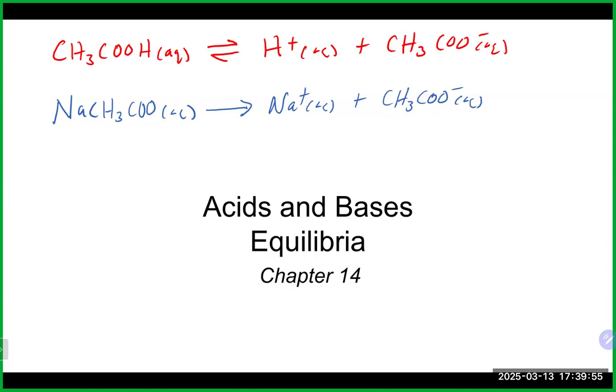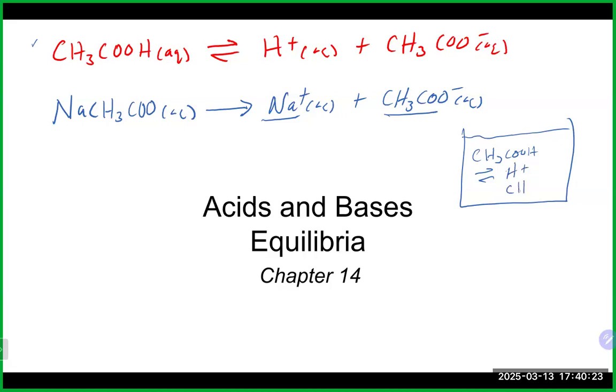So again, with both of these in the same beaker, in the same solution, only one of them is going to actually set up an equilibrium, and it is our weak acid. But the sodium acetate will supply some ions to that solution. You've got your acetic acid setting up its equilibrium, arrows and all, in the beaker, with some H plus and some acetate.